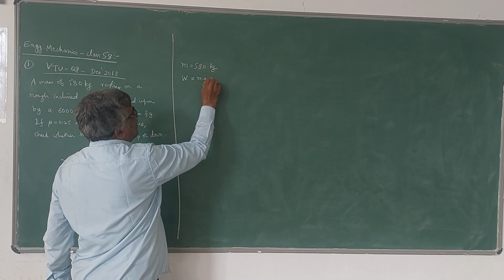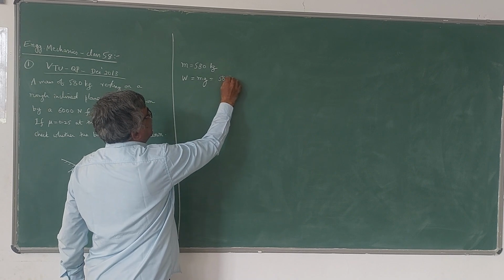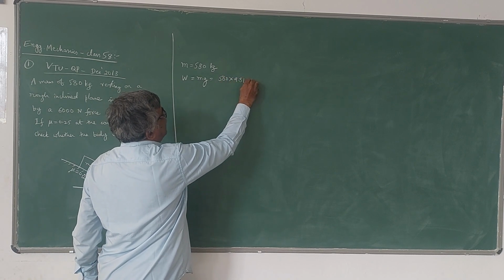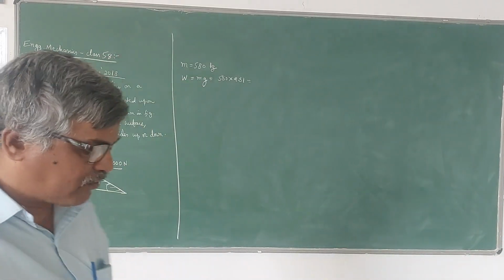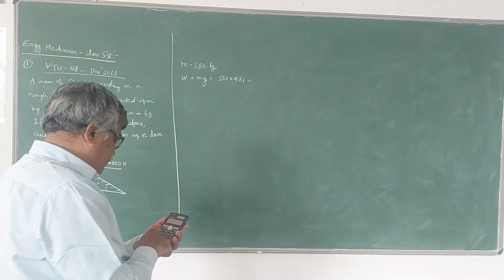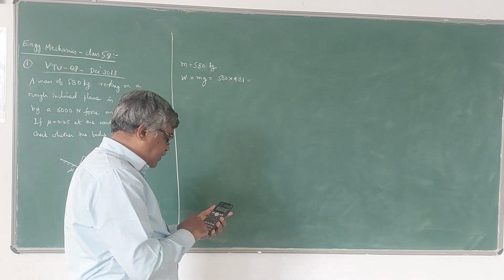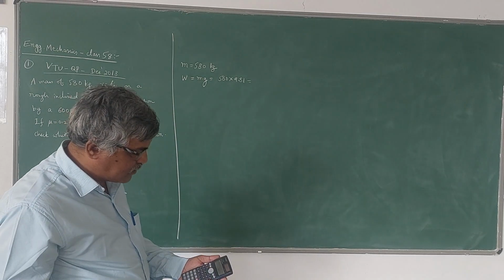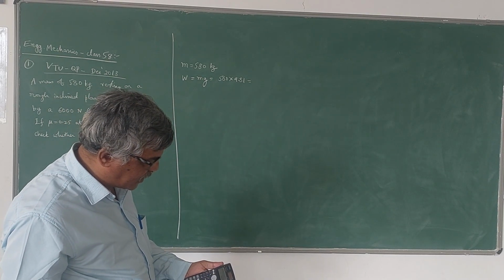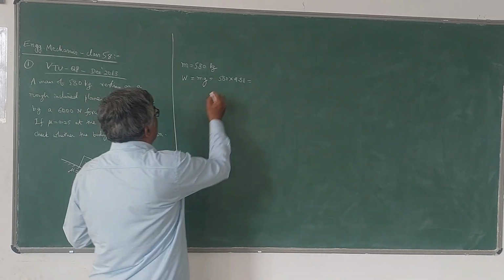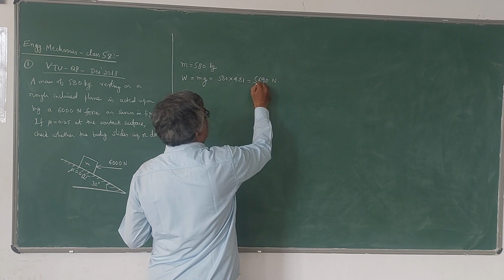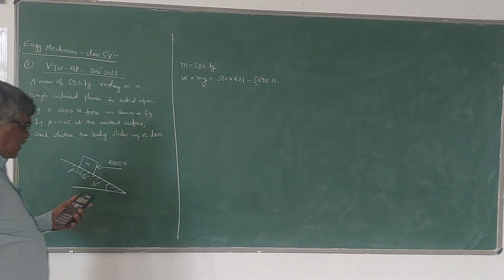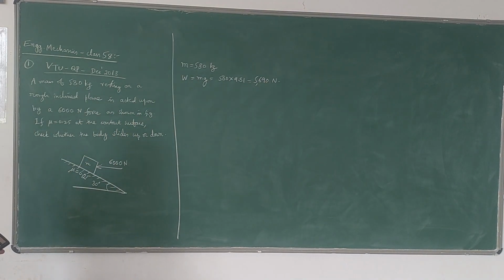Weight is given by m into g, 580 into 9.81, in newtons, which is 5689.8, or you can take it as roughly 5690 Newton. So 5690 Newton is the weight of the block.